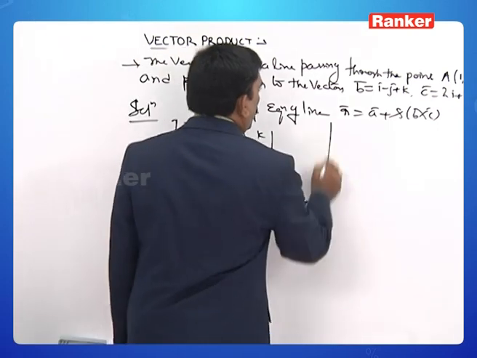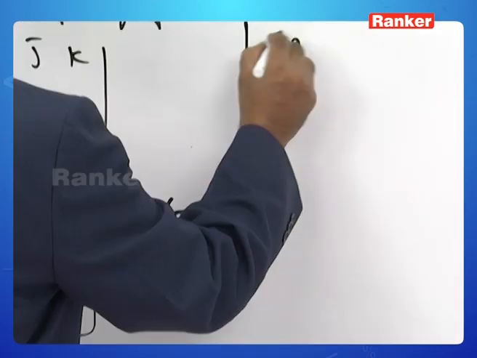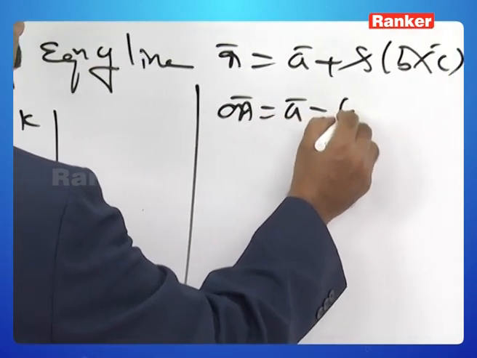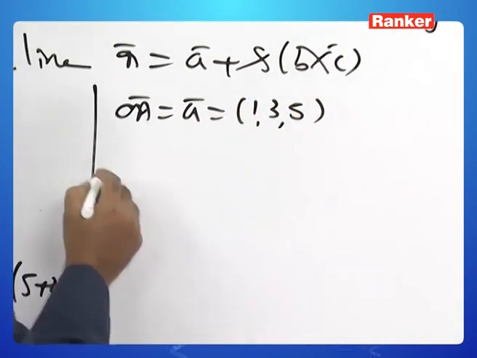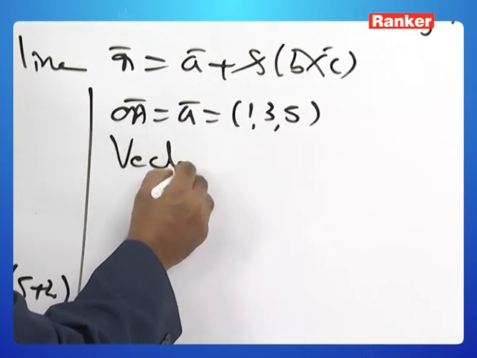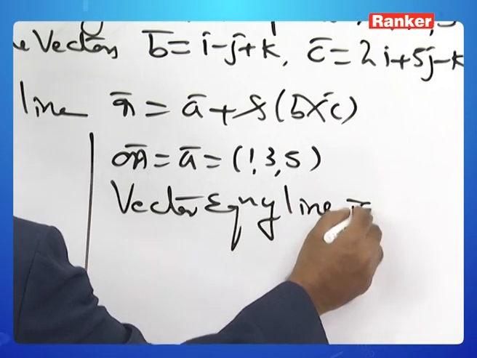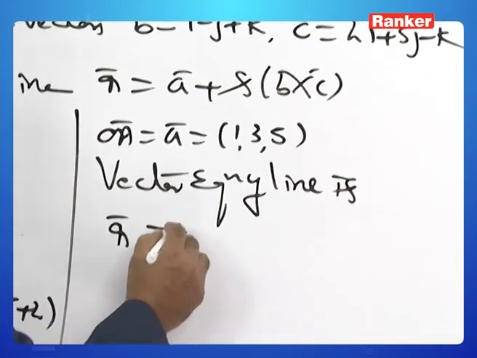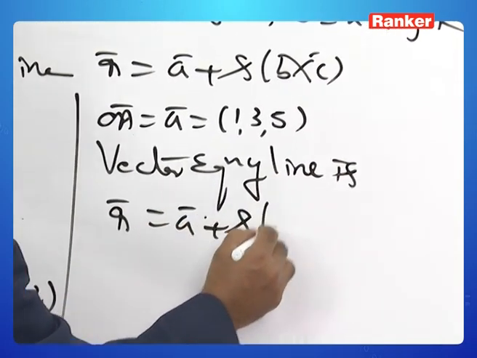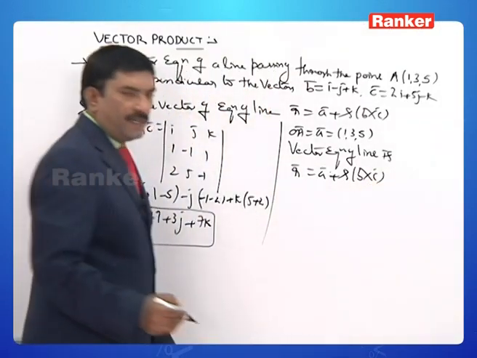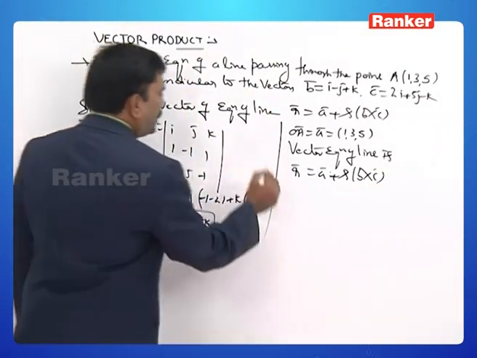So now, what is given? OA bar, which is A bar, is equal to 1, 3, 5. Therefore, the vector equation of the line is R bar is equal to A bar plus S into B bar cross C bar. Come on, substitute.